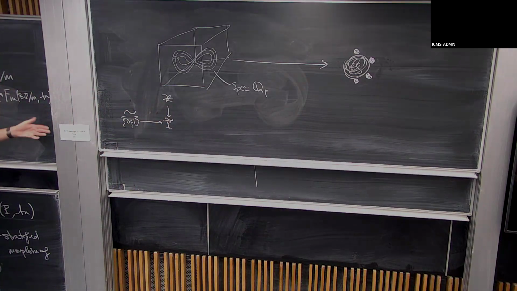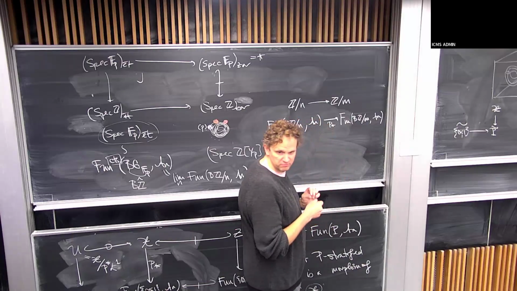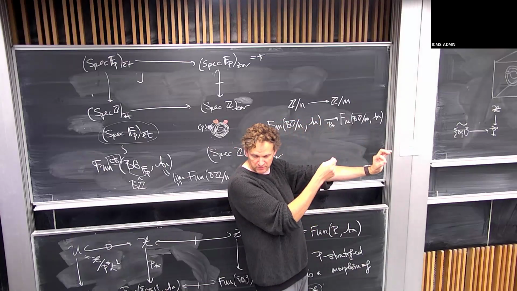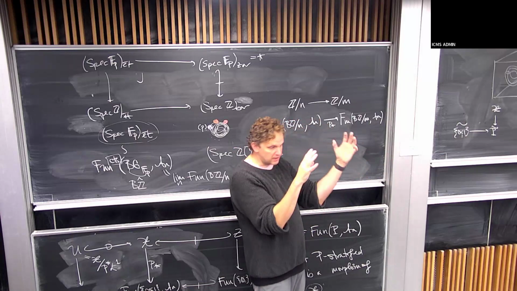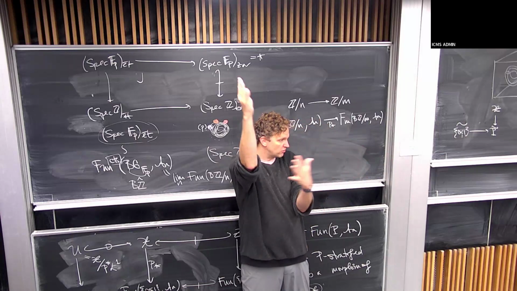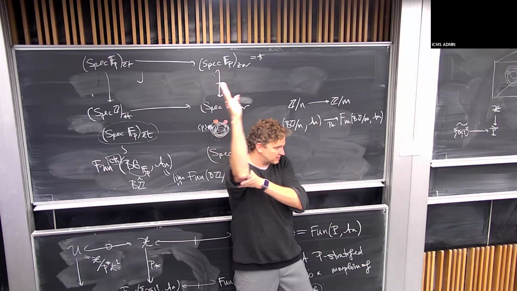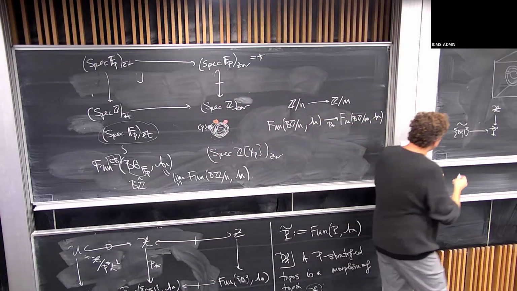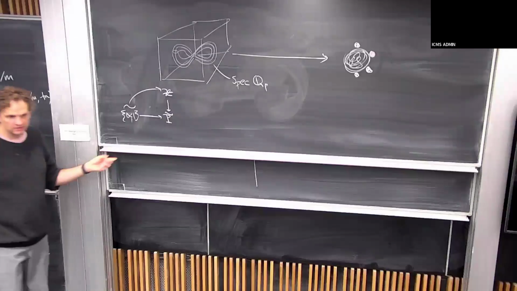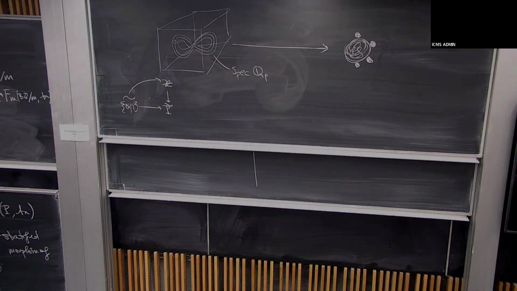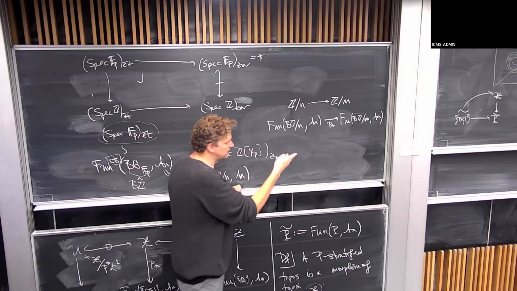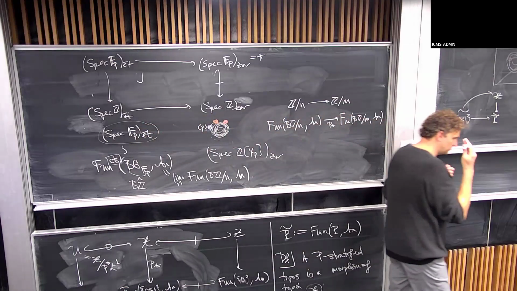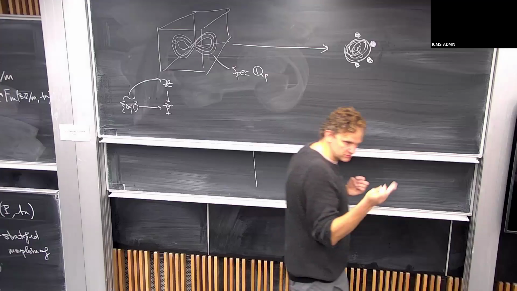Now I'm representing it as a map of topoi, but it just comes from a map of posets that's picking out two points of my poset, one smaller than the other. And I'm interested in trying to write down the space of all the paths that go from the zeroth thing to the first thing. And what that is, it's the space of all of these sections that make this thing. So it's exactly the same as what happens when you think about these things as layered infinity categories.